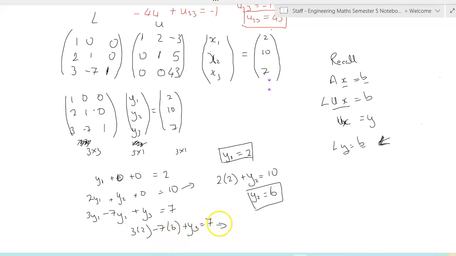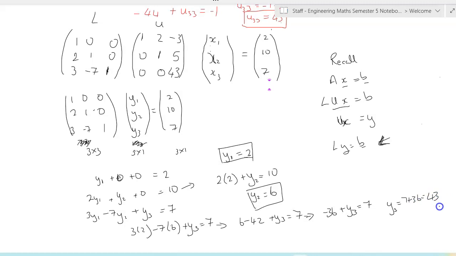That's 6 minus 42 minus 36 plus y3 equals 7. So y3 equals 7 plus 36, which is 43, which cropped up before.